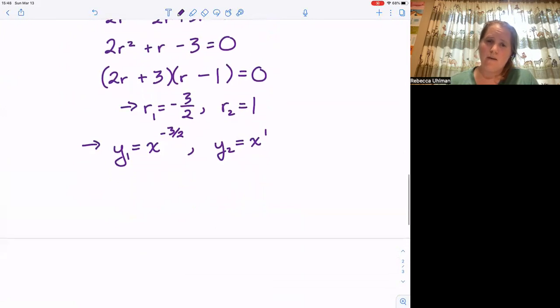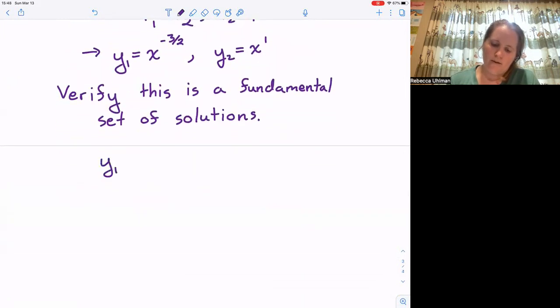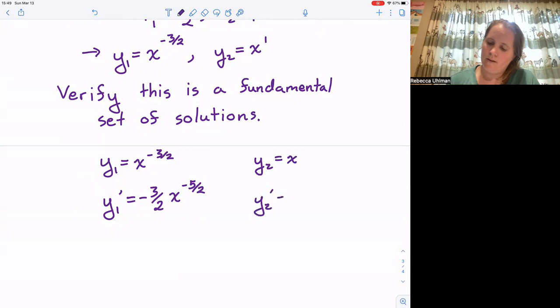And then if we want, we can verify this as a fundamental set of solutions. So we have y1 as x to the negative 3/2. y1 prime would be negative 3/2 x to the negative 5/2. y2 is just x. y2 prime is 1.